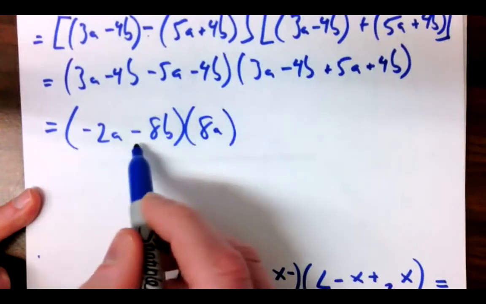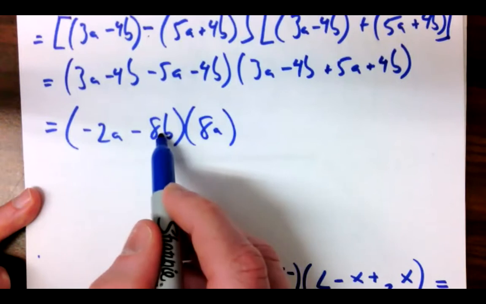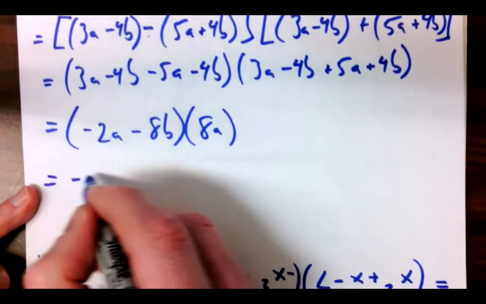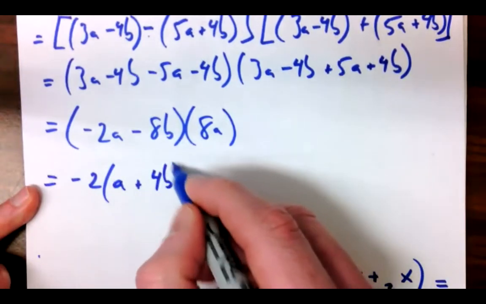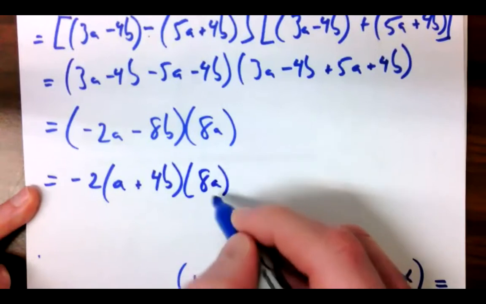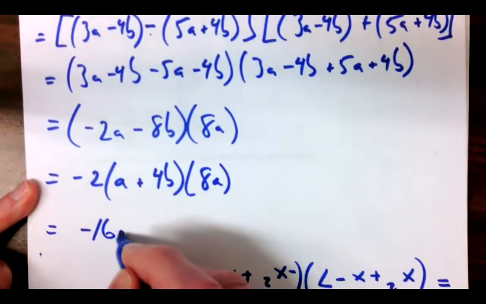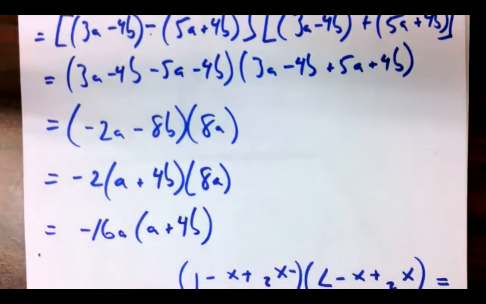What you could do on this one here is you could factor out a 2, because 2 is common to both, as well as the negative. If I take out a negative 2, this becomes a plus 4b, then there's the 8a. You can multiply this negative 2 and the 8a. There's basically lots of ways that you get a final answer from this. All of these are fine.